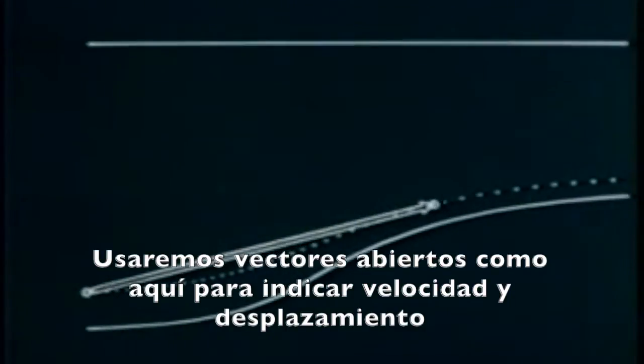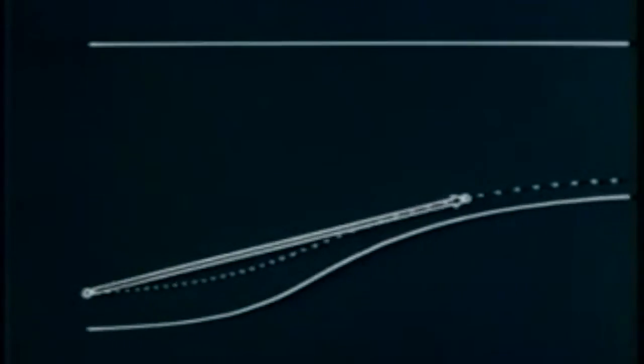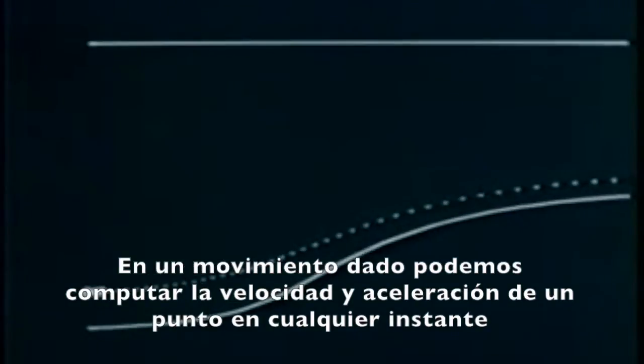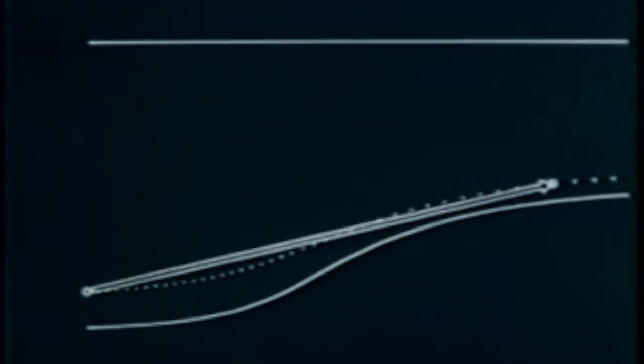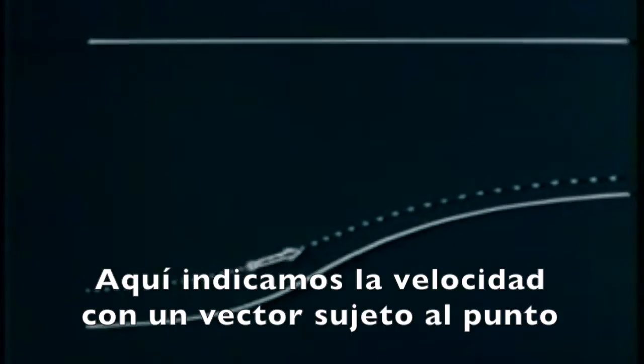We will use open vectors, as here, to indicate velocity and displacement relating to material points, open points. In a given motion, we can compute the velocity and acceleration of such a point at each instant. Here we indicate the velocity by a vector attached to the point.